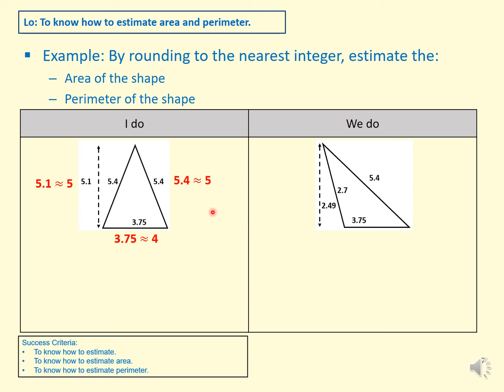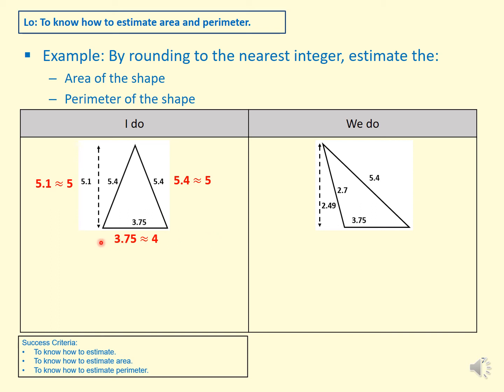Now for finding the area, as I said before in the previous videos, when you're finding the area of a shape, you need to know the formula for the area of that shape. So here we have a triangle, so we need to make sure we remember the formula for the area of a triangle, which was base times perpendicular height divided by 2. So I need to make sure I know which one is the base and which one is the perpendicular height.